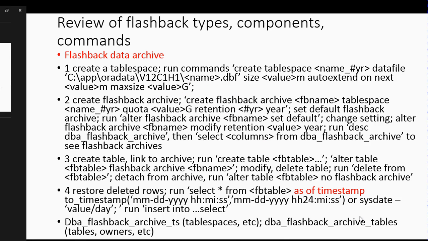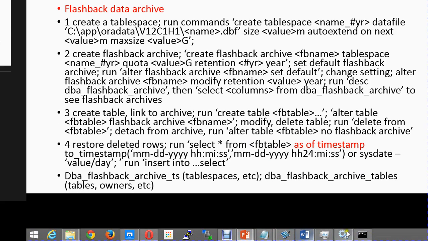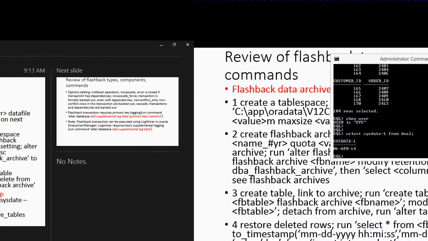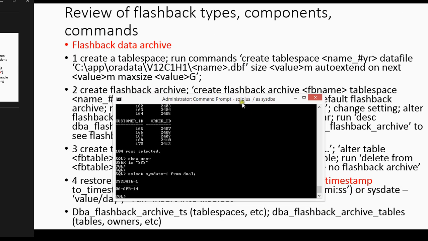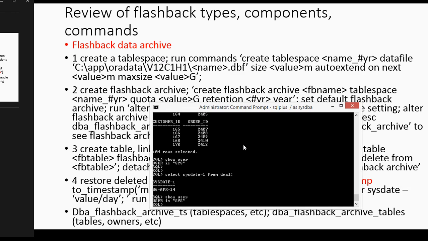So what I'll do now is demonstrate how to set up your flashback data archive on your database. First thing you do is create a tablespace. If you look at the first bullet point, it says create tablespace. I should be logged in as user sys; show user sys.